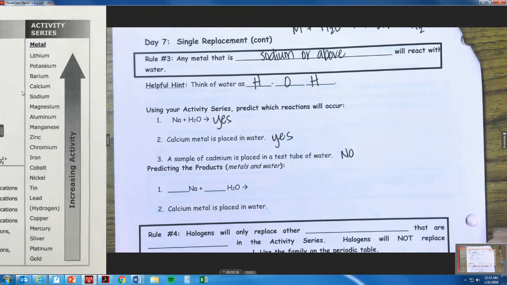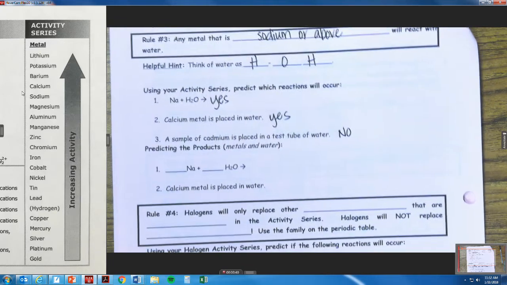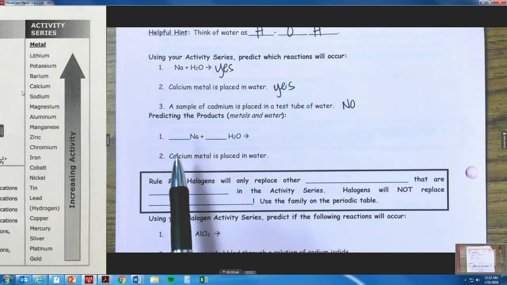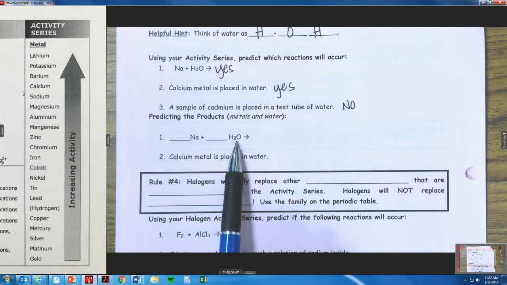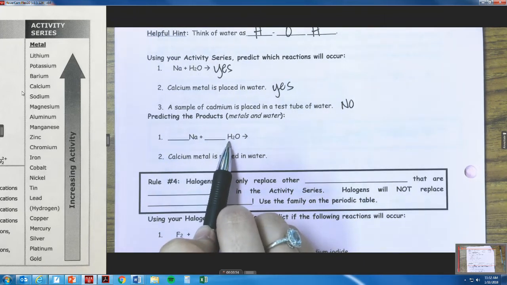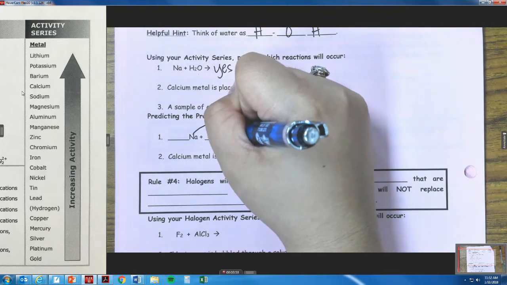Okay, so let's go ahead and try to predict the products for the 2 that did create a reaction. So our reactants, sodium plus water. Remember, sodium is going to replace that hydrogen. It only is going to replace one of those hydrogens.